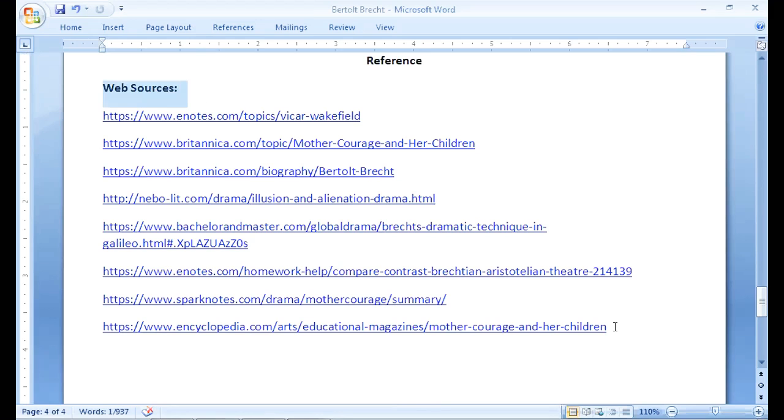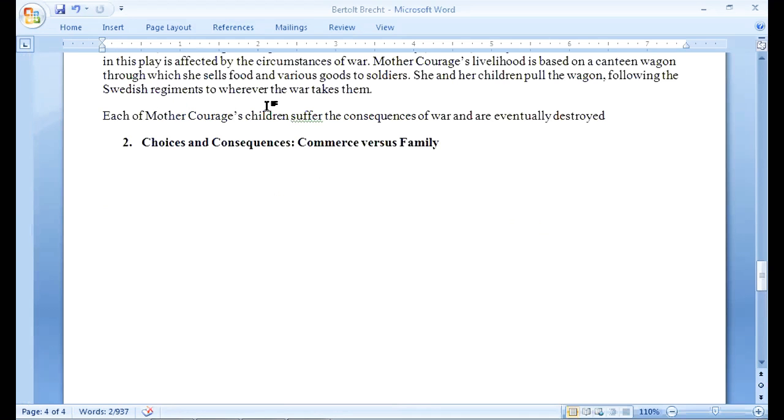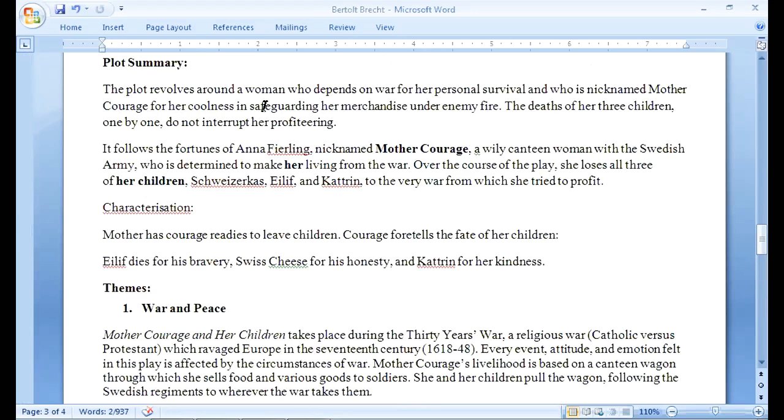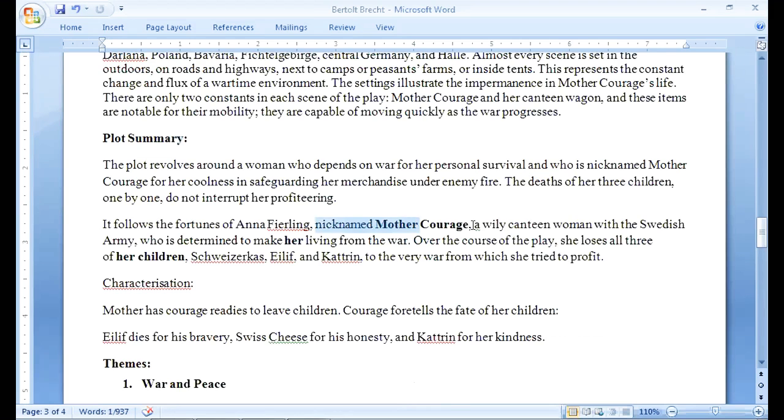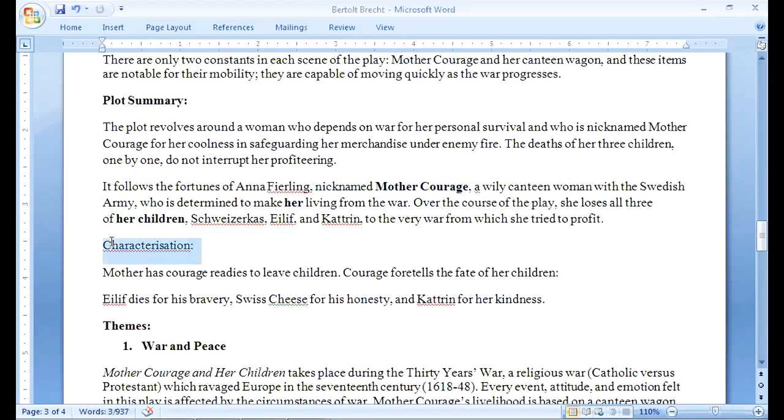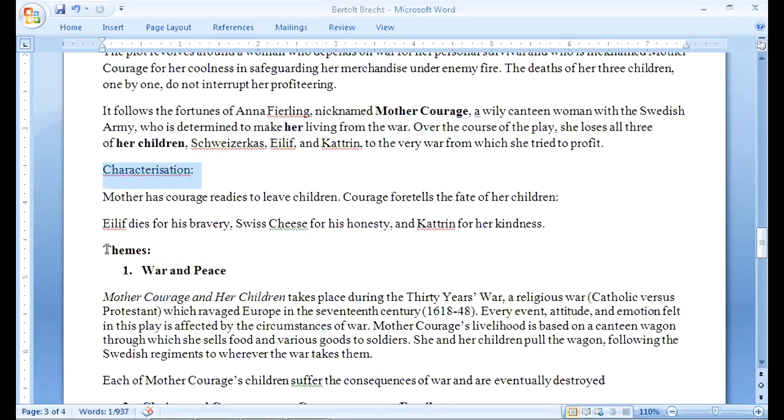You can read from here further details about the text, about the epic features, about Brecht's techniques, about Mother Courage and her children. So we have to concentrate on the plot summary, the characterization, what kinds of characters, and the themes.